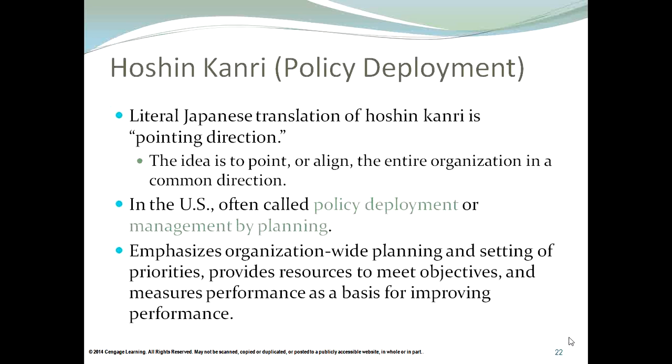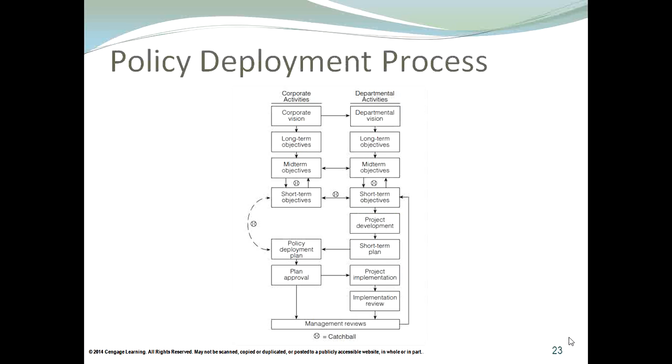In the US, it is often called policy deployment or management planning, and it emphasizes organization-wide planning and setting priorities, provides resources to meet objectives, and measures performance as a basis for improving performance.